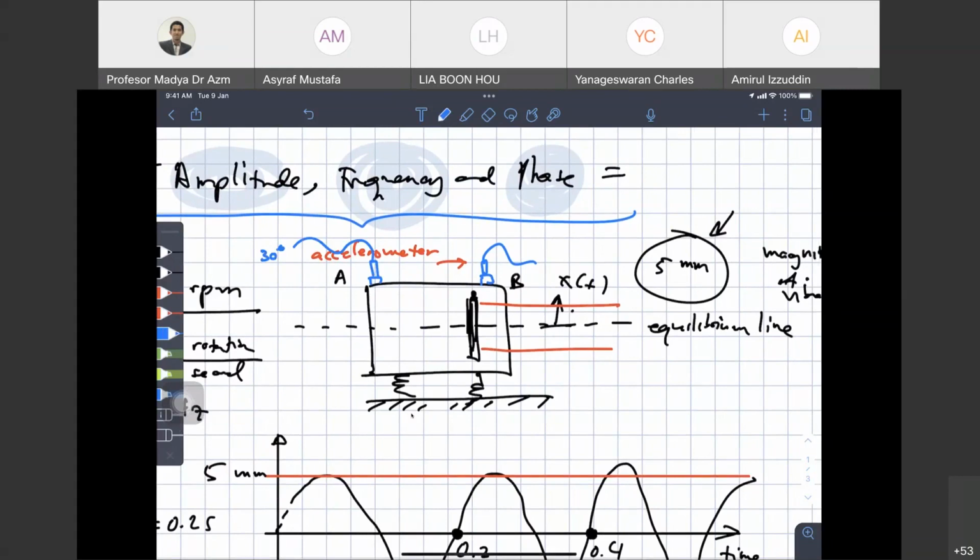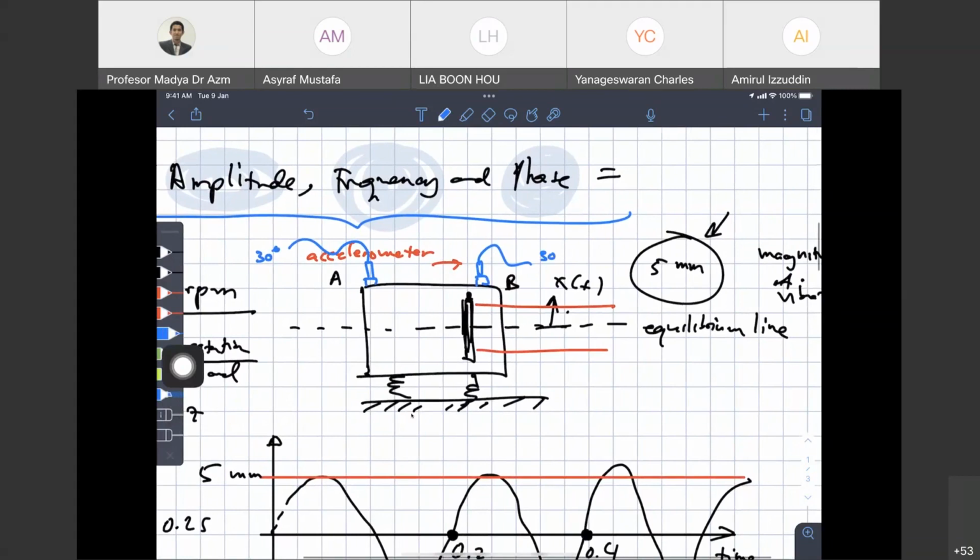So how is the motion of the machine? In phase. Yeah, in phase means A and B will move together. So it will move this kind of motion. A moving up, B moving up.